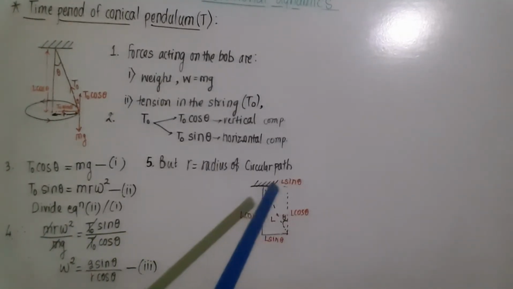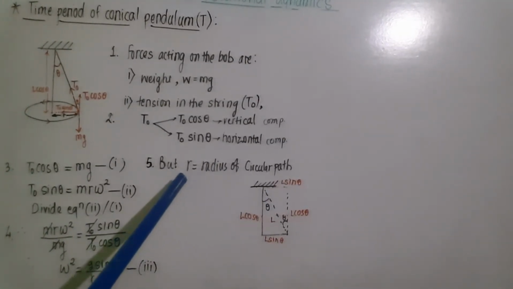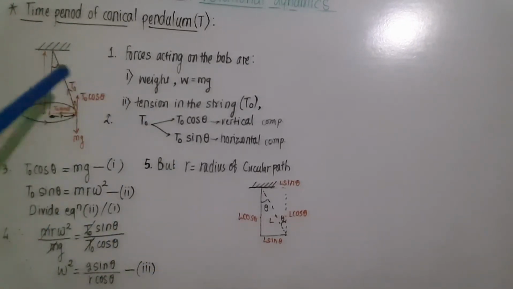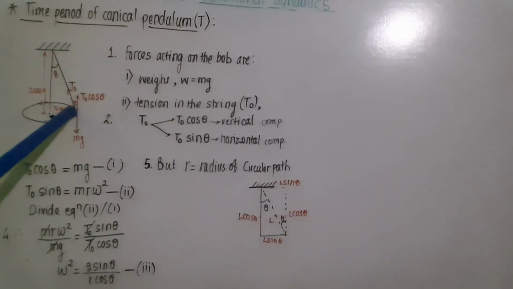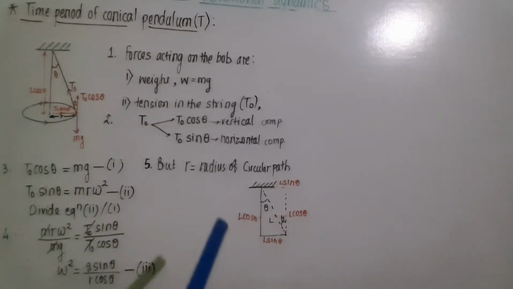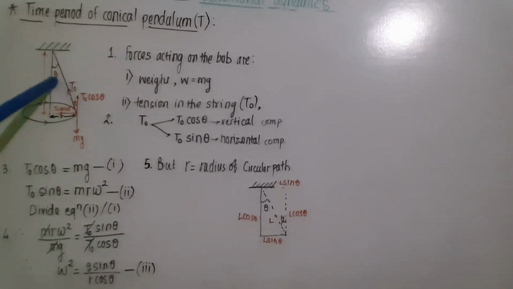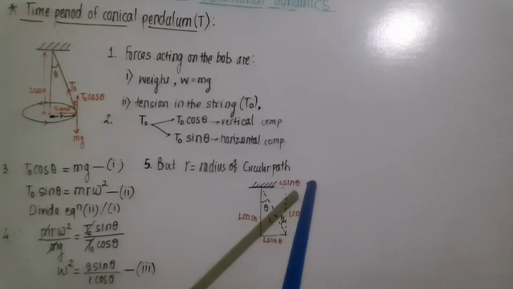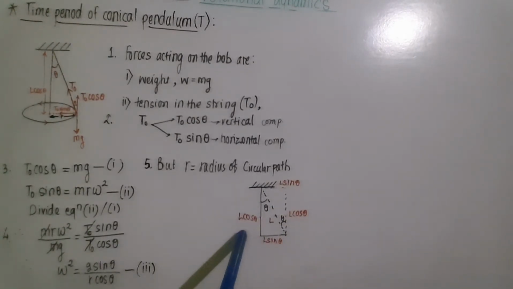Now, the radius of the circular path. To get the radius r in terms of L, you can see from the center of the bob to the point of suspension, L is the length of the conical pendulum. Since angle theta is here, when it is resolved into two components, we get this part L cos theta and this horizontal component as L sin theta. So the radius r must be equal to L sin theta.